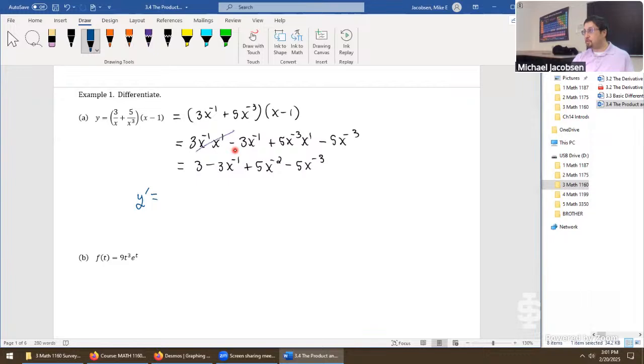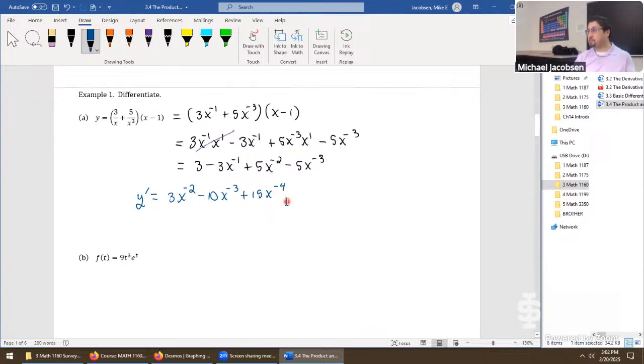Negative 1 as an exponent multiplies negative 3 for a positive 3, and drop the exponent 1 value lower. Now negative 2. Rinse and repeat. This will be a negative 10, x to the power negative 3. And last, negative 3 multiplies negative 5 for a plus 15, x to the power negative 4. At that stage, we've got it, folks.